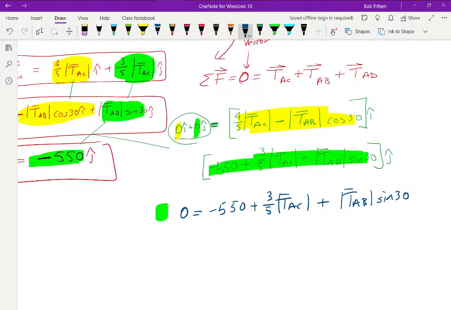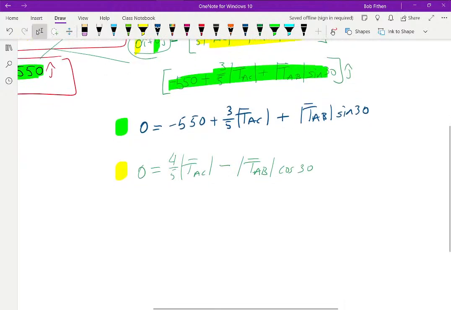And that's the equation sitting there. If I want to get the yellow equation above, I have 0 is equal to 4/5 of TAC, the magnitude, minus TAB cosine 30, and those are the 2 equations I have.